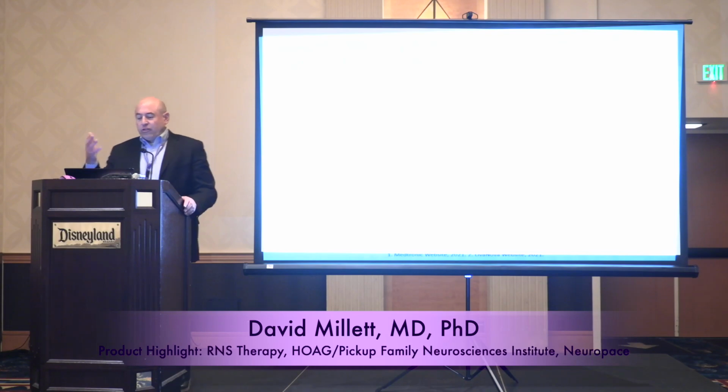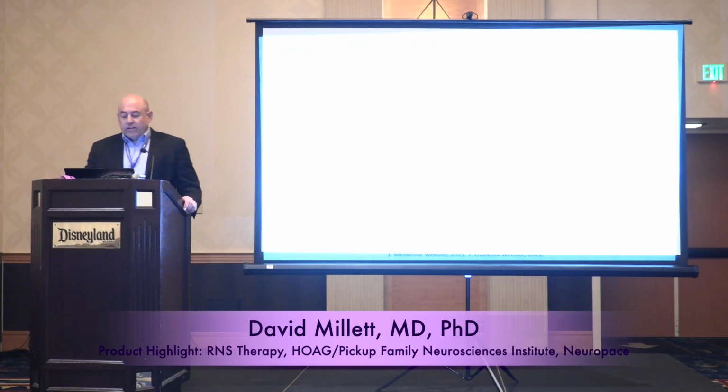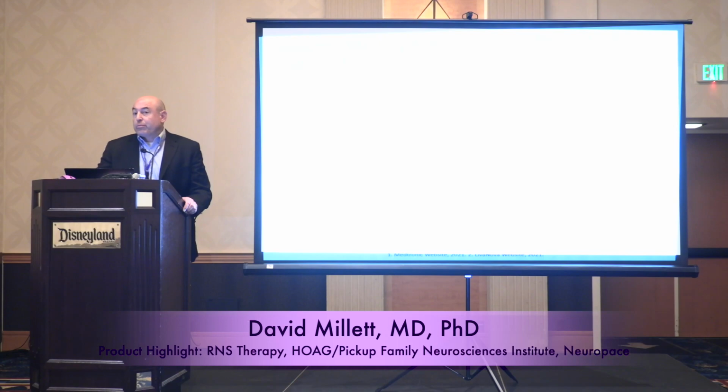So this slide really just highlights the different types of surgical procedures that are available. The first column really is resective surgery. This is old-style surgery that oftentimes requires a craniotomy and a longer hospitalization. It oftentimes involves removal of a larger area of tissue.